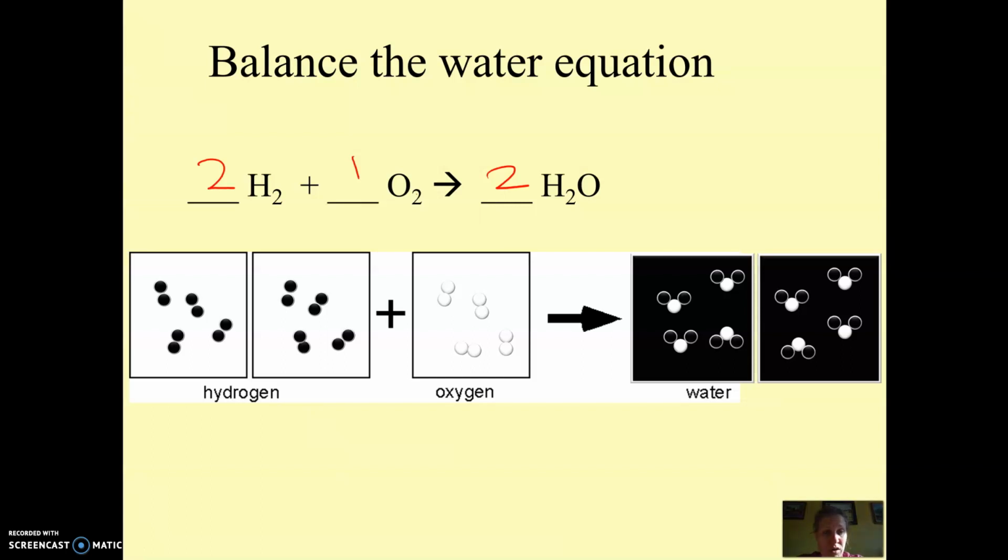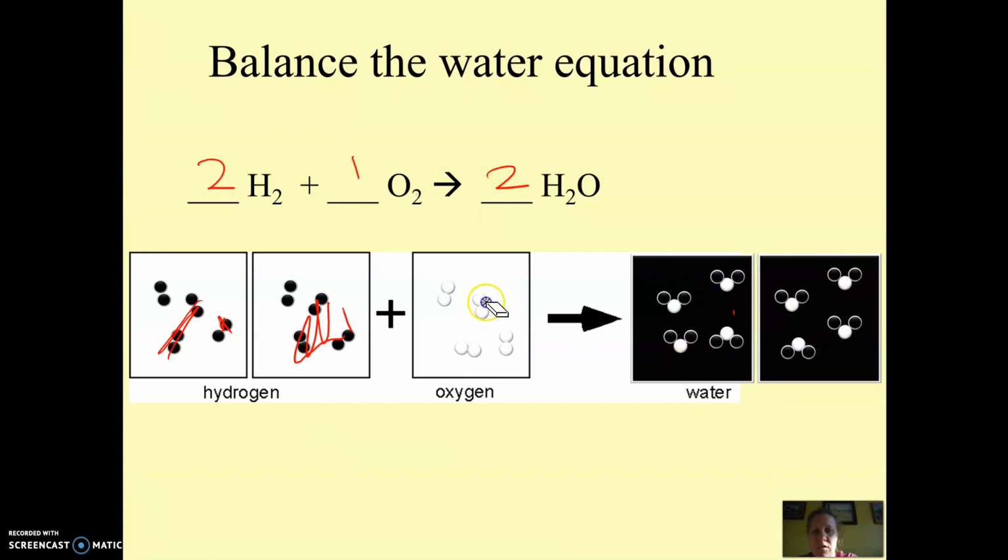And you can even mark all of this off and just do 1 in each. If you just did 1 compound in each, I'm going to erase this. 2 H2s, 1 O2, and makes 2 waters.